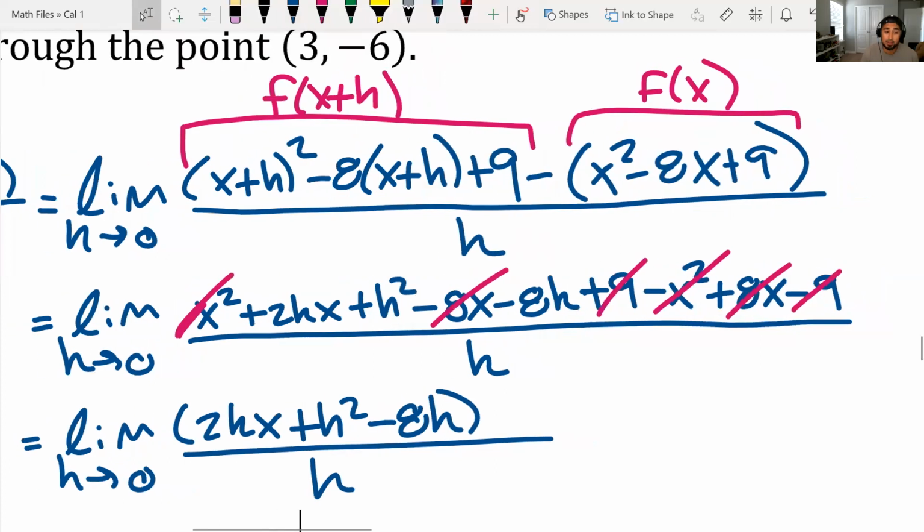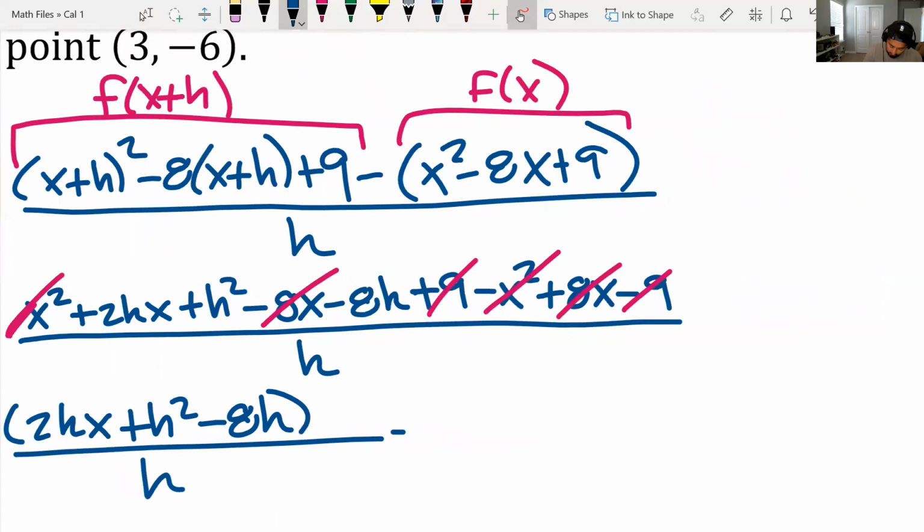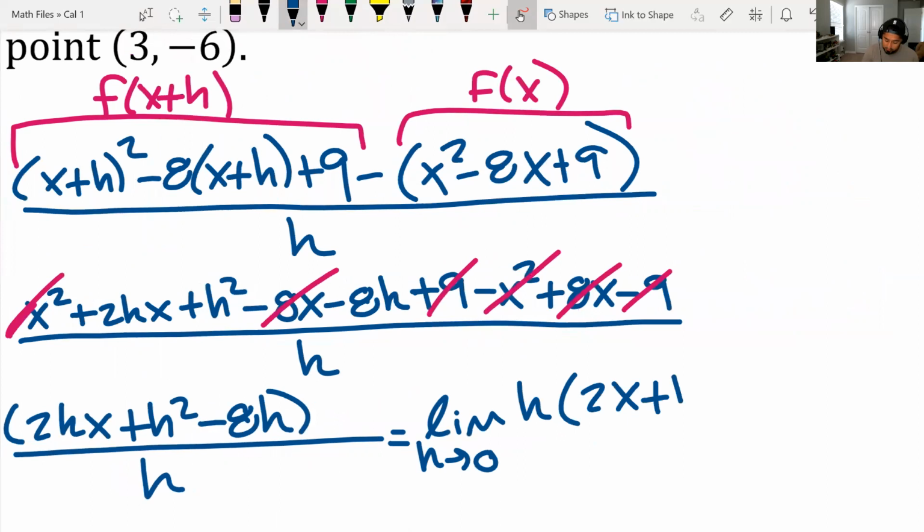Then factor out that h. You get the limit as h approaches 0 of h times 2x plus h minus 8, all over h.